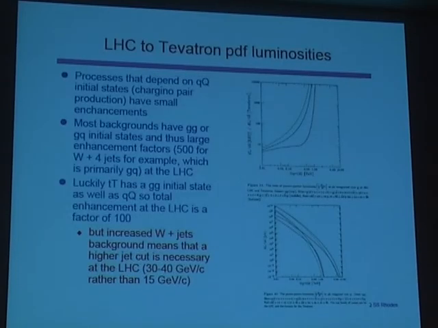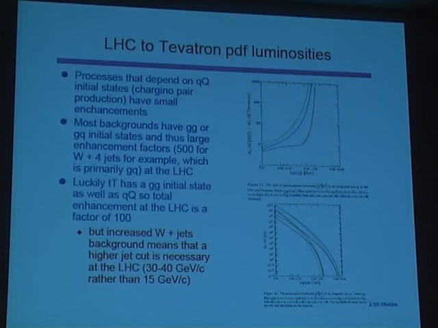Now, one of the interesting things is to go from the Tevatron to the LHC. Suppose I look at the ratio of the luminosity for a particular subprocess, initial state, at the LHC compared to the Tevatron. So I come up with a family of curves, using the same color scheme. The green curve is the ratio for gluon-gluon at the LHC compared to gluon-gluon at the Tevatron.